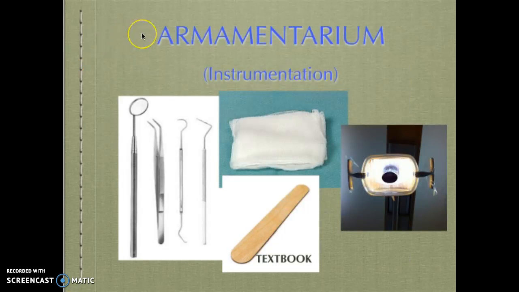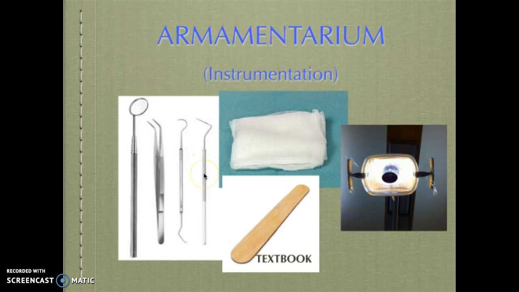The armamentarium for a mouth mirror inspection would be the basic setup, predominantly, or primarily I should say, the mouth mirror. The Explorer and the periodontal probe are not to be used by an RDA for probing any tooth structure or soft tissue.